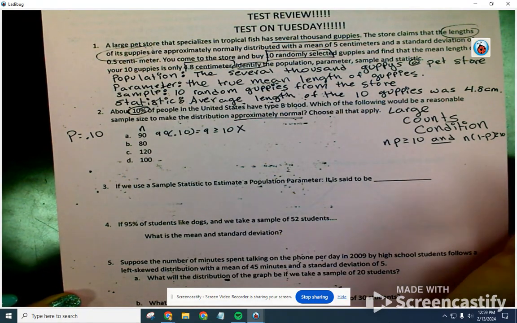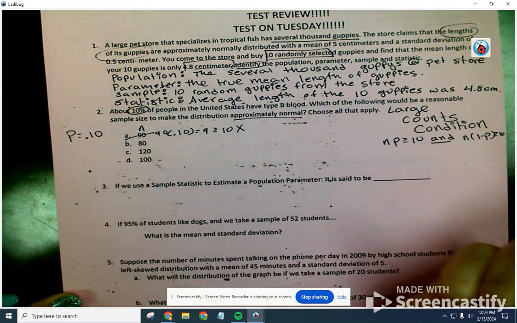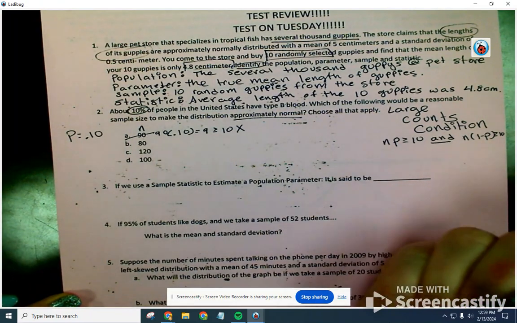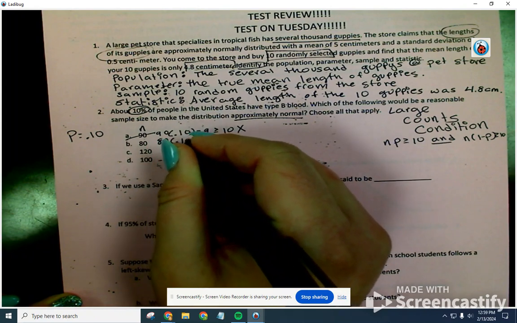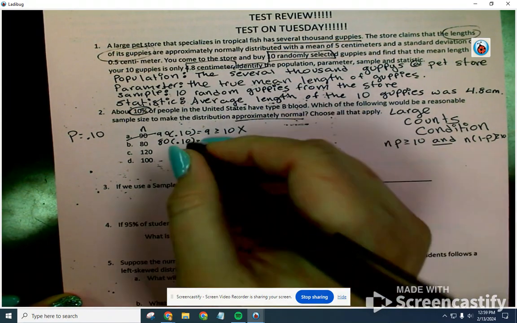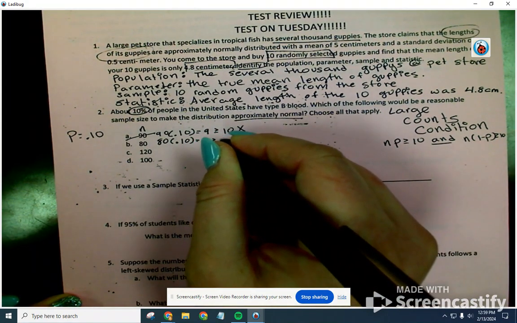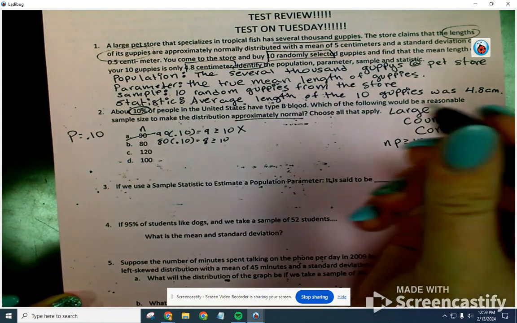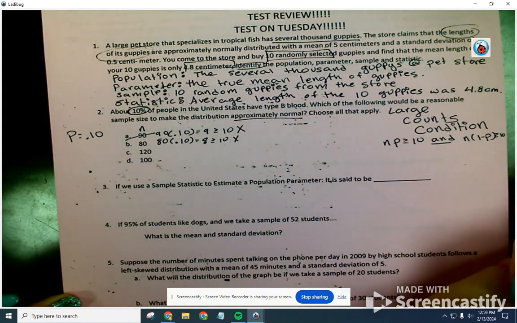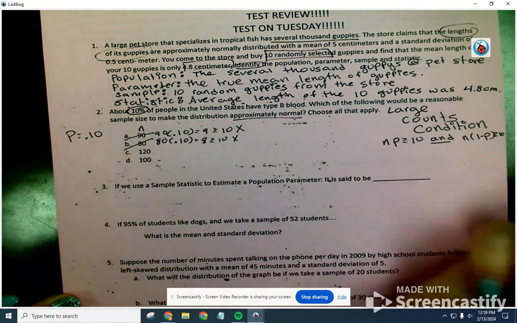So because that is not true, 90 is not a good sample size. Then we're going to look at 80. Is 80 a good sample size? So n times p, 80 times 0.10 is 8. Is 8 greater than or equal to, sorry, 10? And the answer is no, it is not. So 80 is not good.